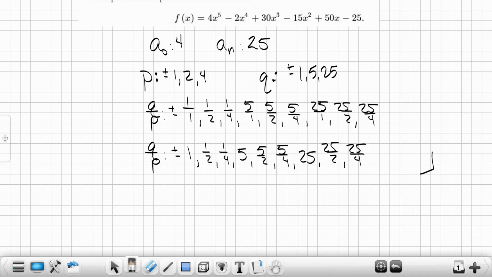If you don't recall from Algebra 2, with Descartes' rule of signs, we take the function f of x, and every time the sign changes, that means there could be a positive rational root. I'll read his rule of signs in just a moment.